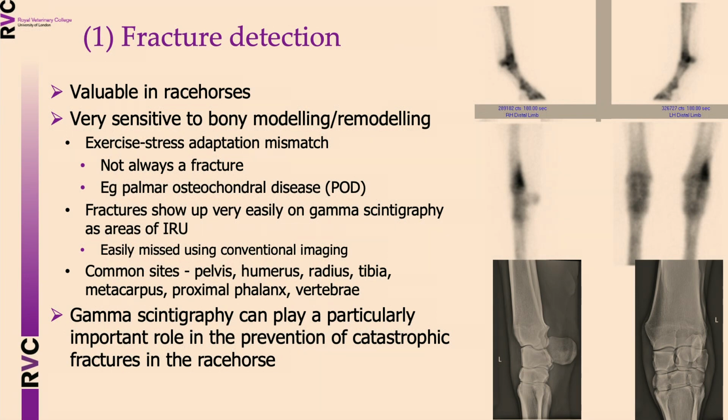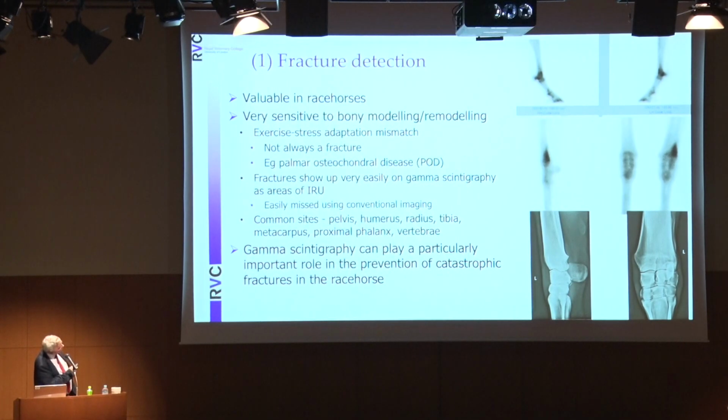Fracture detection is very valuable for racehorses because they're very susceptible to fracture. But we need to differentiate between fracture and what we call exercise stress adaptation mismatch. That's because in a thoroughbred racehorse, the bones are remodeling in response to the exercise.